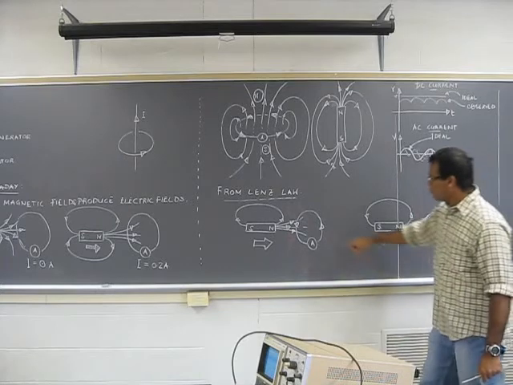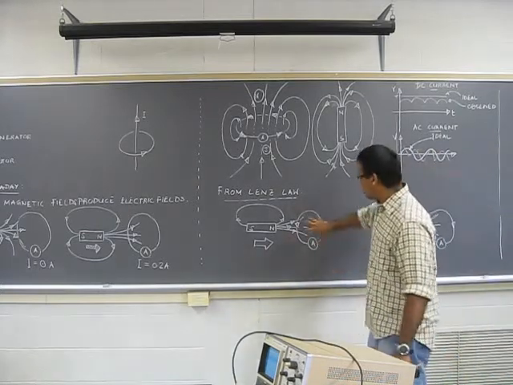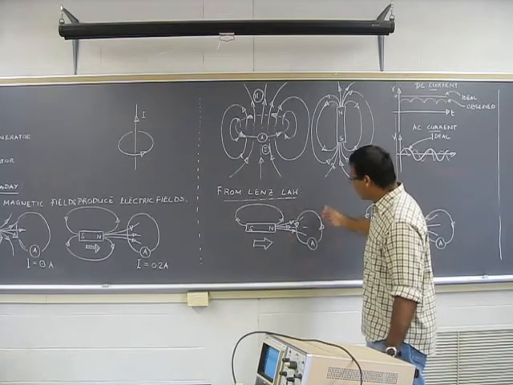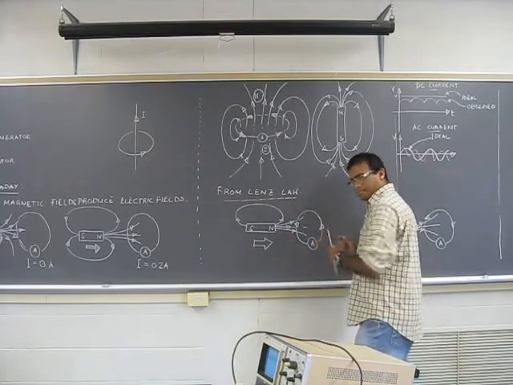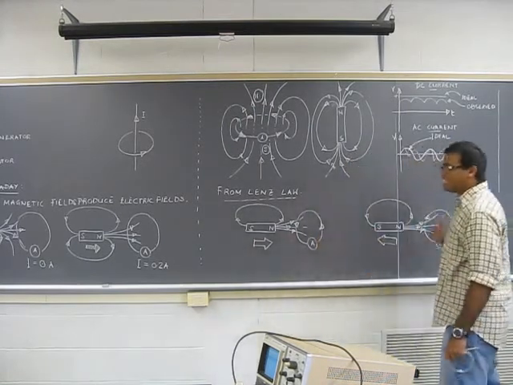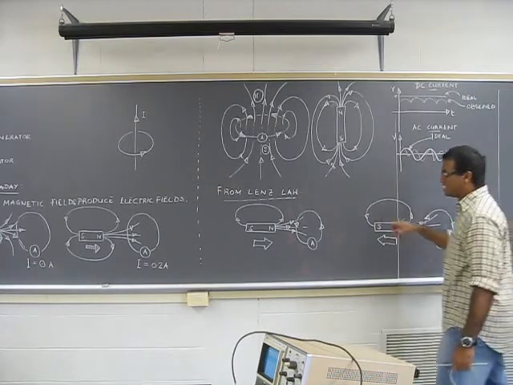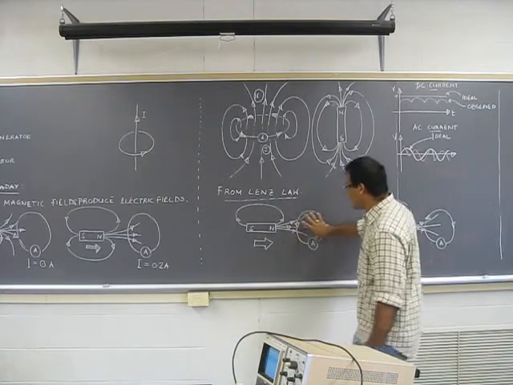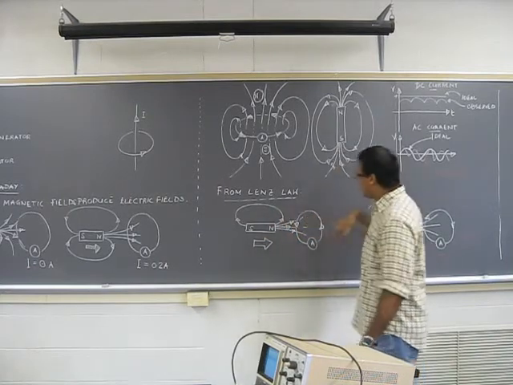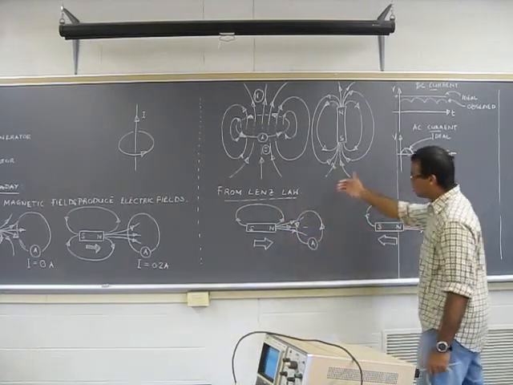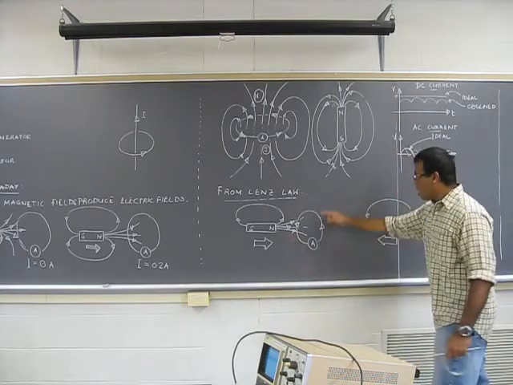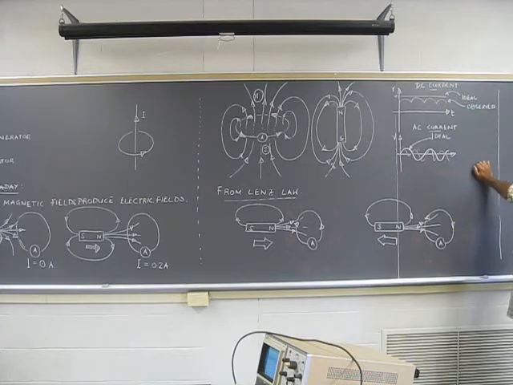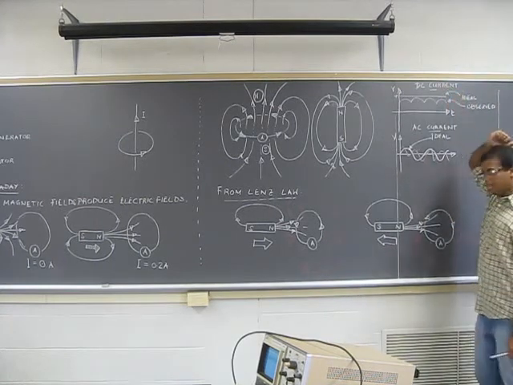Every time you have a loop like this, what you establish is what we call an electromotive force that gives rise to the flow of current. So it's an induced current. This motion of the magnet, or in other words, a change in magnetic field, induces a current and generates an electromotive force in the loop.